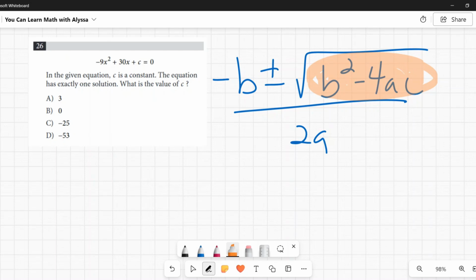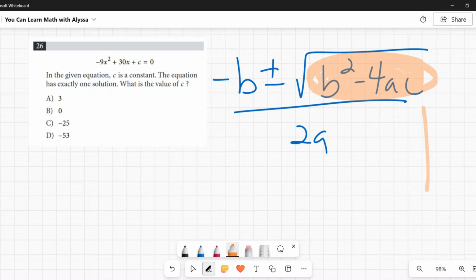Just as a reminder, the a, b, and c come from this equation. That negative 9 out in front is my a, which goes there and there. That positive 30 is my b, which goes there and there. And this number all by itself is the c, which goes there. That's where those numbers come from.